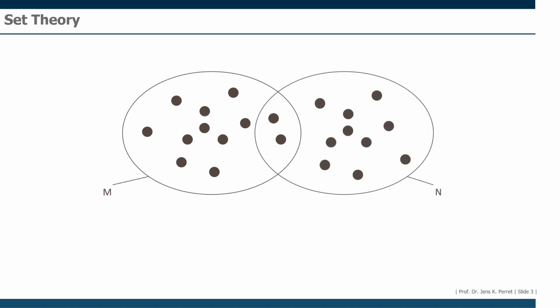Here the first one would be the so-called intersection. That's the values which are part of one set and of another set. That's, as I said, the intersection, and we describe it with this upside down U. We can also think about this as this is in M and in N. So it's like an AND operation.